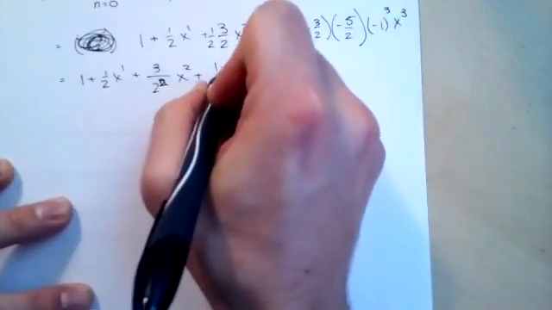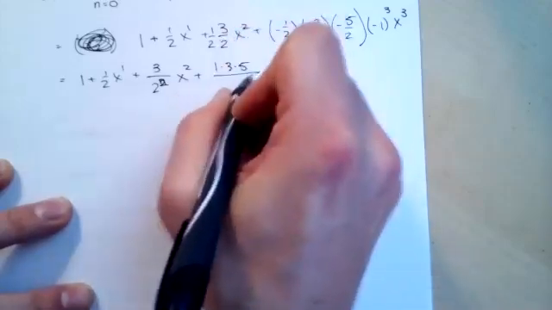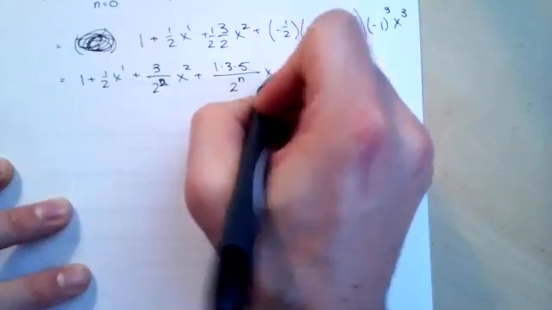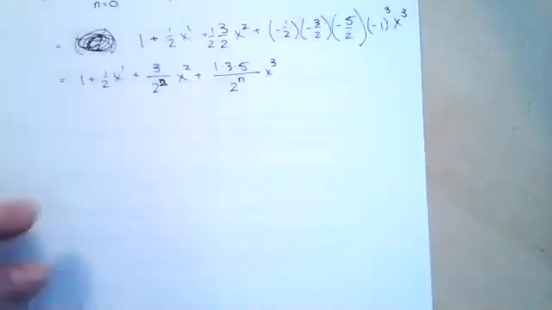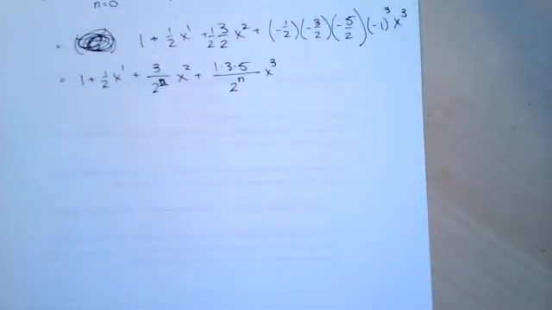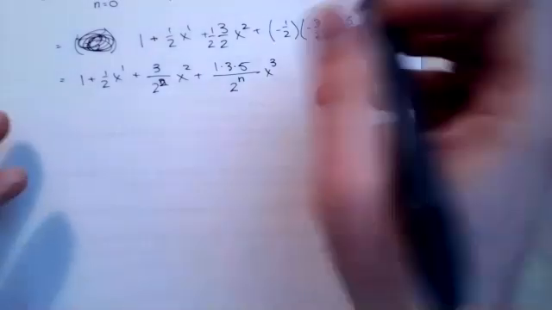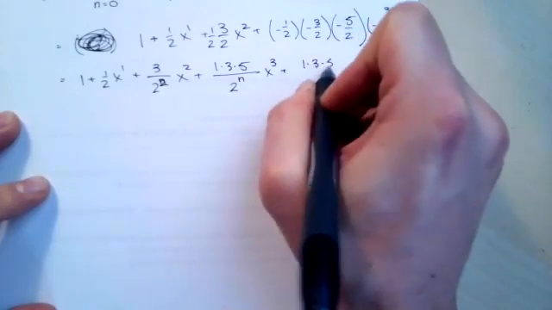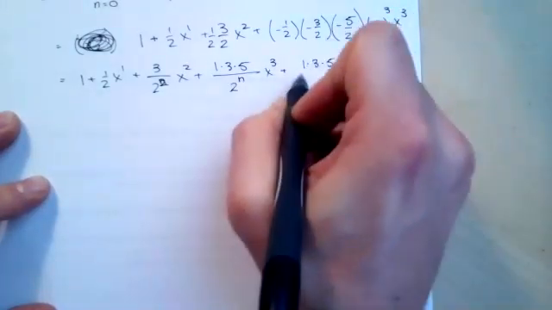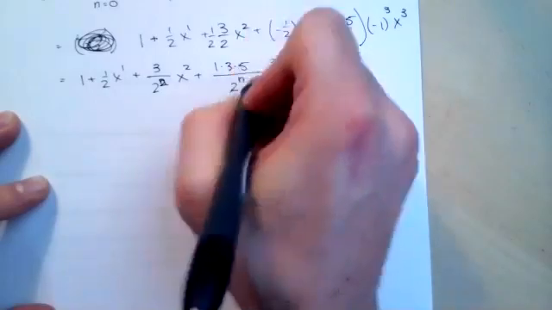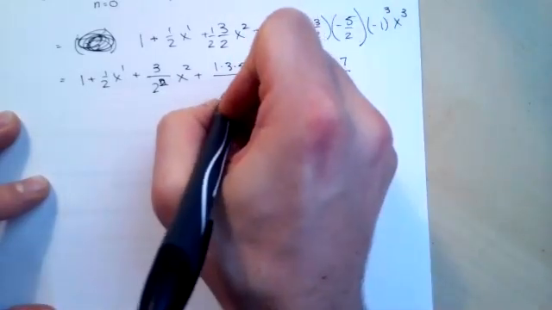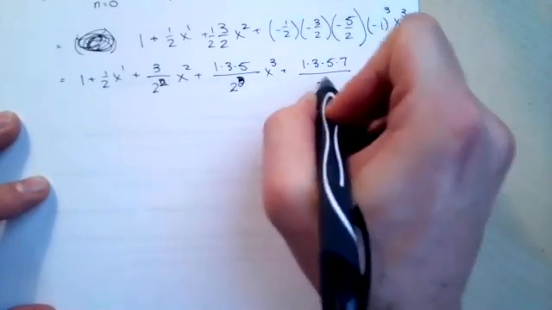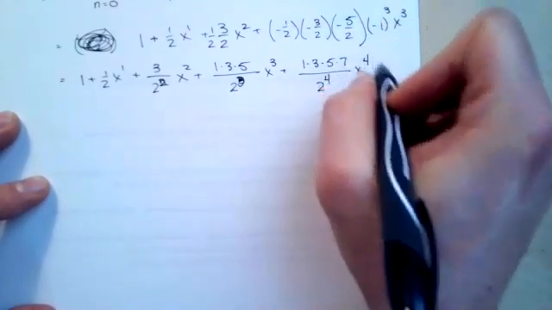Times 1 times 3 times 5 in the numerator over 2 to the n in the denominator. X cubed in the numerator. What will the next term be? 1 times 3 times 5 times 7. Isn't it 2 cubed, not 2 to the n? Yes, thank you. I keep writing that n. 2 cubed, and then 2 to the 4th, x to the 4th.